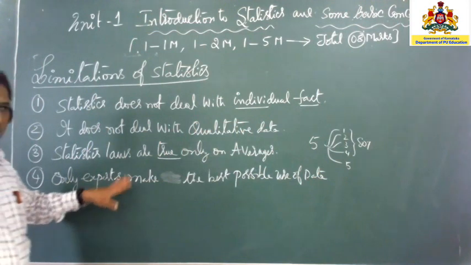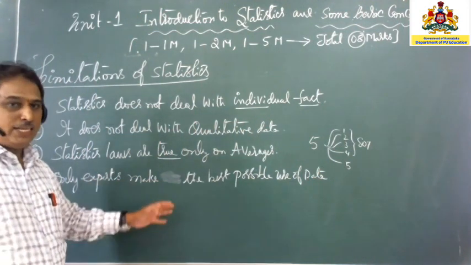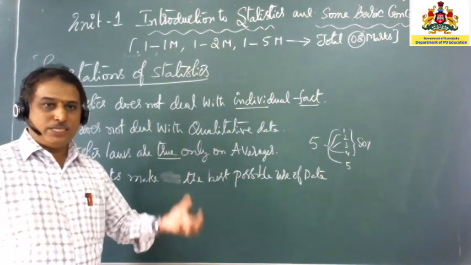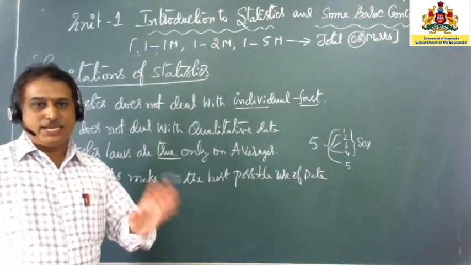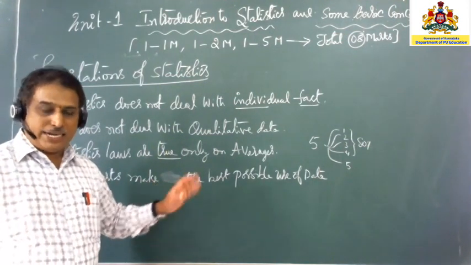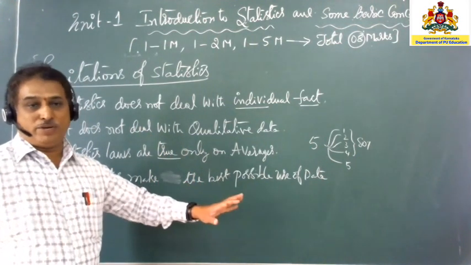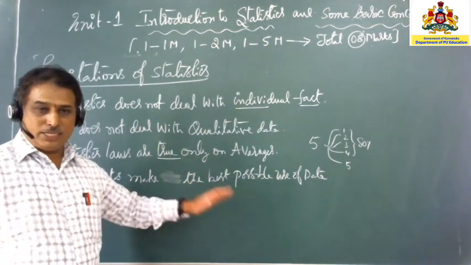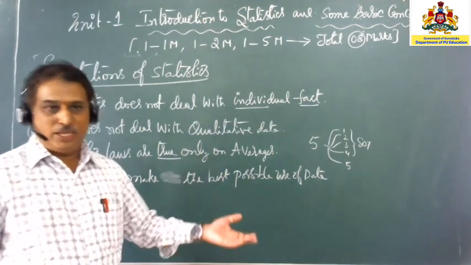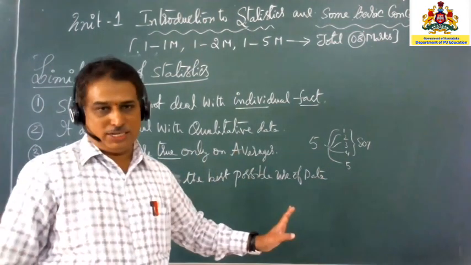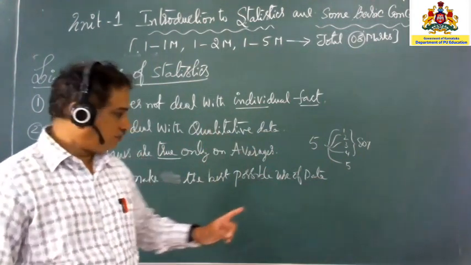Only experts means the persons who know statistics, the statisticians. They will take a good sample, apply the correct techniques, and get the correct results. Inexperienced people don't know about statistics. At that time, they may collect the wrong data, apply wrong formulas, and get wrong results also. That is also one drawback of statistics.